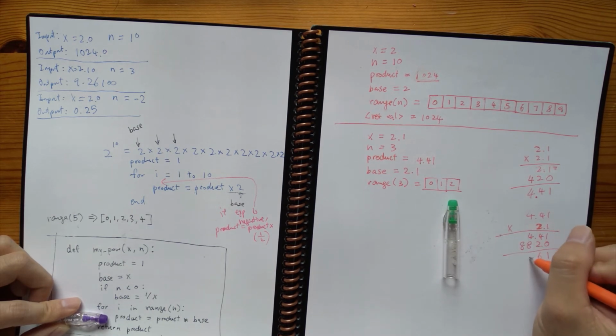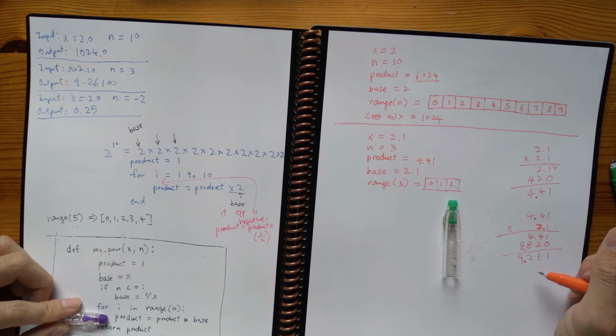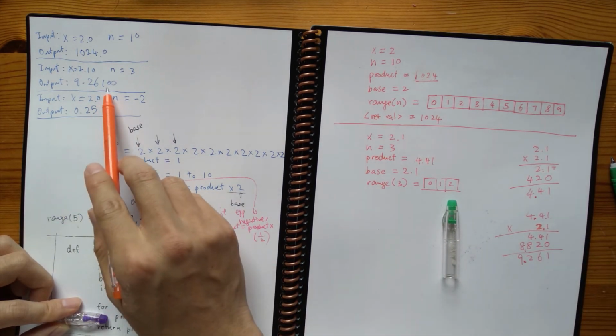This is 12 with a carry and 9. 9261. And where should the decimal go? I believe it should go after 3 places, because you add the decimal places of both of them, 3. So that's 9.261.